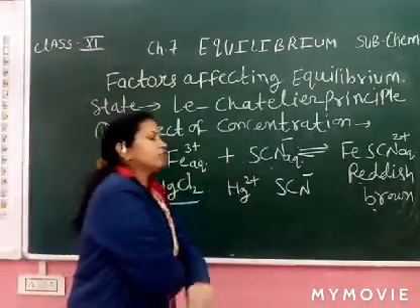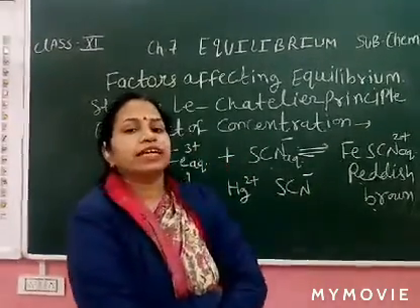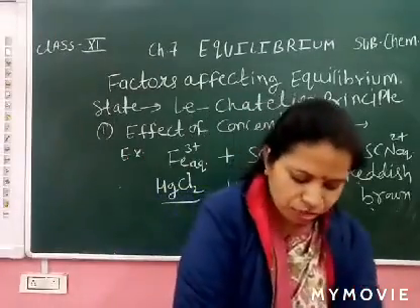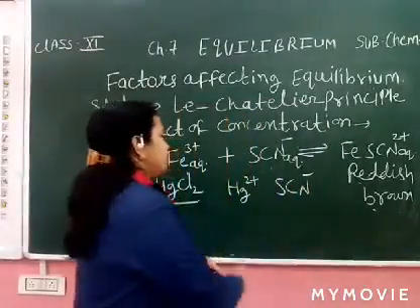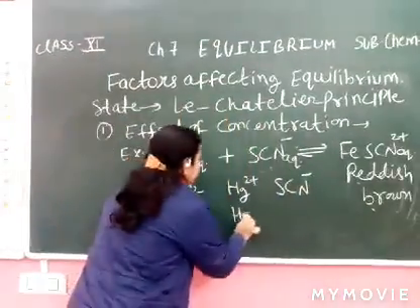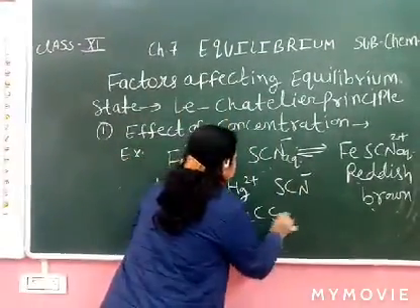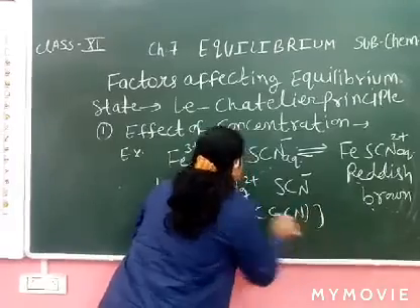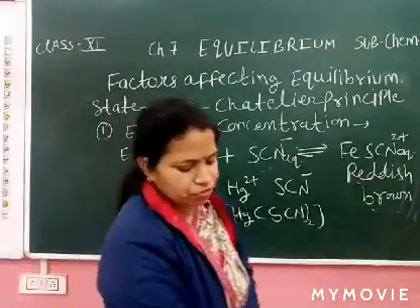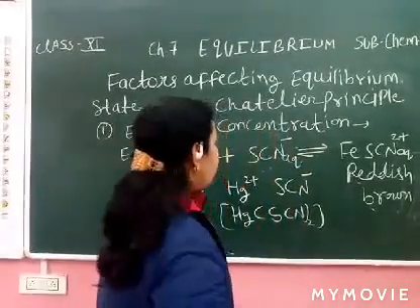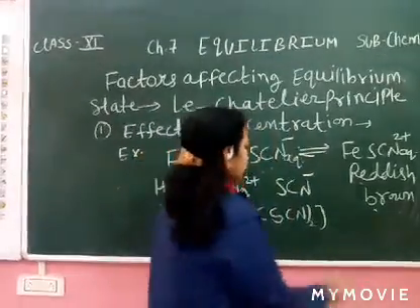When we add the mercuric chloride, the thiocyanate reacts with it and forms the stable complex Hg(SCN)4 2 minus.